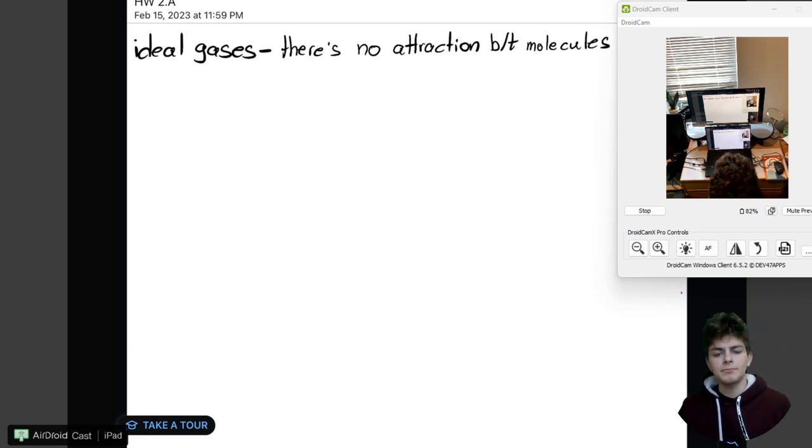So in our non-ideal gases, and water is going to be our primary example, there is attraction between these molecules. So we have to construct some other coefficients or variables in order to resemble this characteristic of these gases.